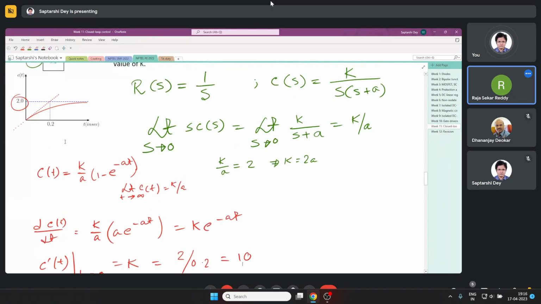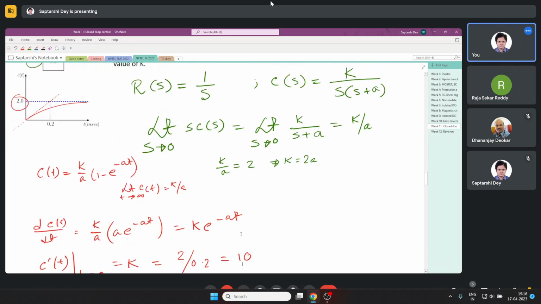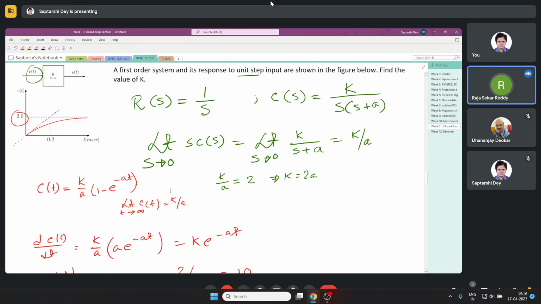Have I done it correctly? Y by x, 2 by 0.2, time is in seconds, so it should be directly 0.2. So k is 10 and a is 5.